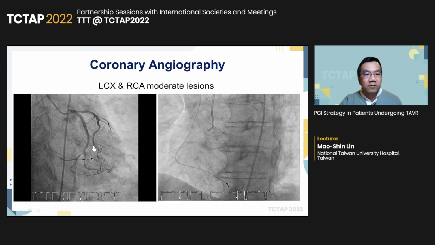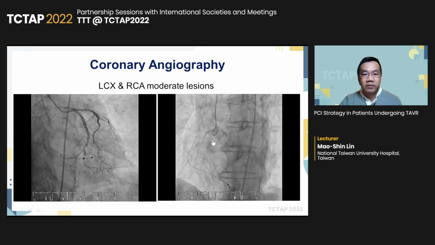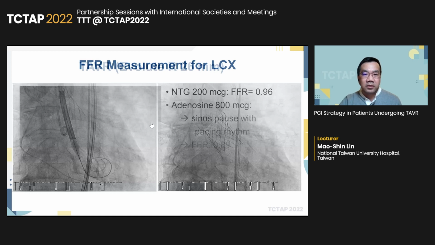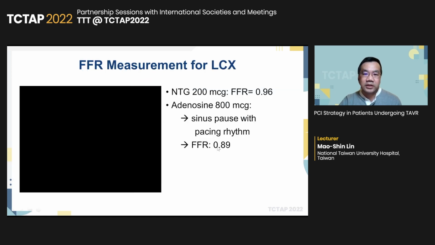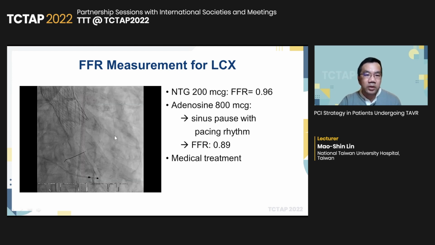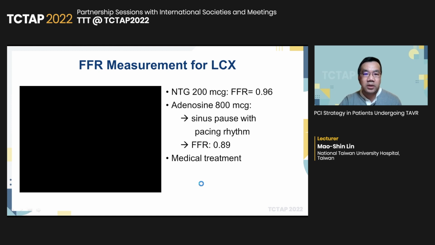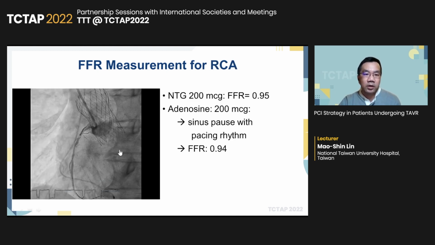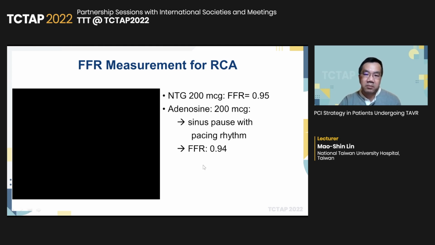We do the TAVR first, and after TAVR, we do a pressure wire measurement for the circumflex, and you see that FFR is 0.8. So we leave it for medical treatment. For the RCA we do another pressure wire measurement, and you see the FFR is still 0.9. So we still leave it for medical treatment.